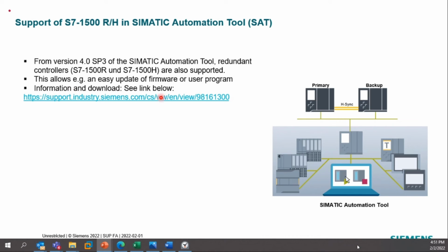This allows you to update the firmware or user program directly using the tool. It is very helpful if the machine is sent from one country or state to another and you only want to download the new modifications. Without having TIA Portal, you can use the Simatic Automation Tool to download or upgrade firmware. This information is available in the given SIOS link.